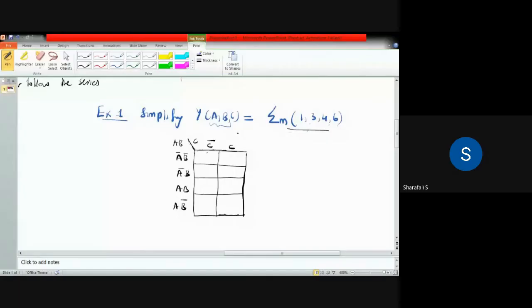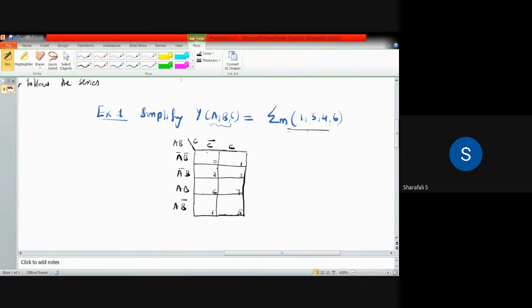Now you have to fill these positions for minterms 1, 3, 4, 6. So in this case you will be having the variation 0 0 0, then this is 4, the addresses.